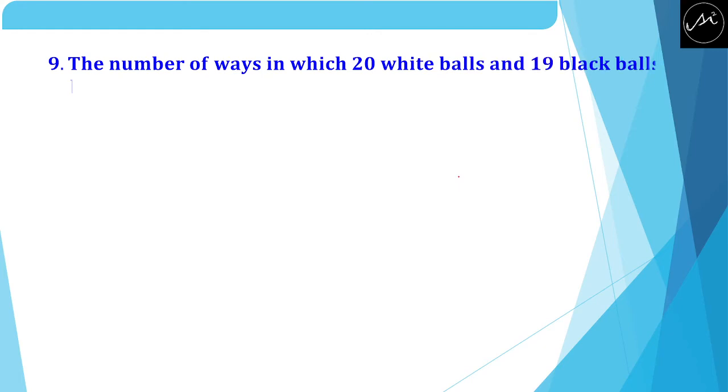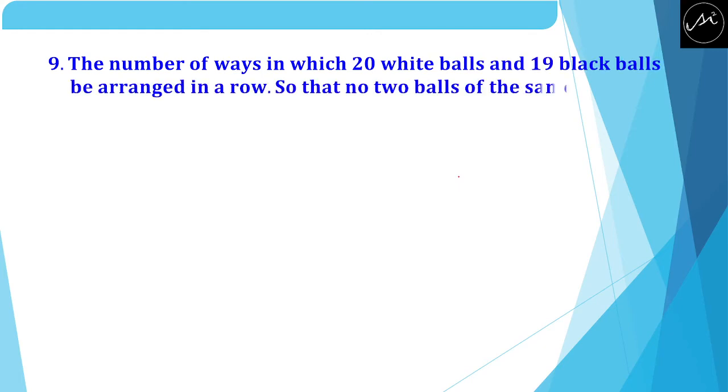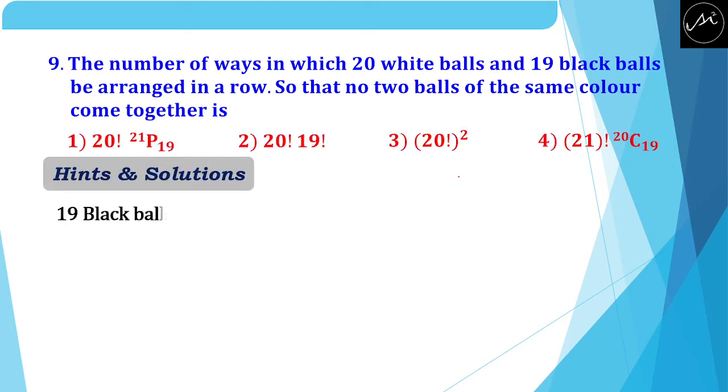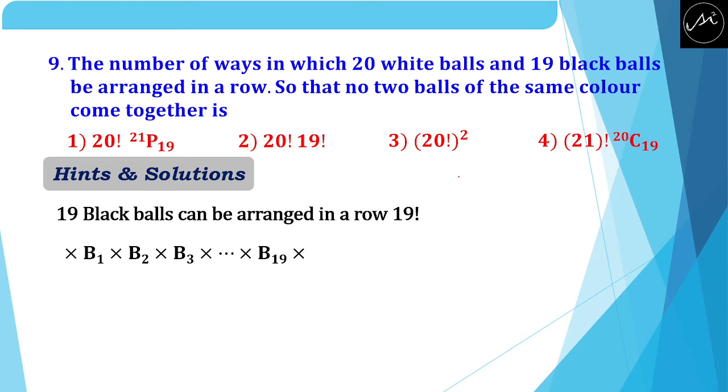Next, the number of ways in which 20 white balls and 19 black balls can be arranged in a row so that no 2 balls of the same color come together is. Here you see there are 19 black balls that can be arranged in 19 factorial ways, and there are 20 white balls. So for them, you can see this is the place for the white balls.